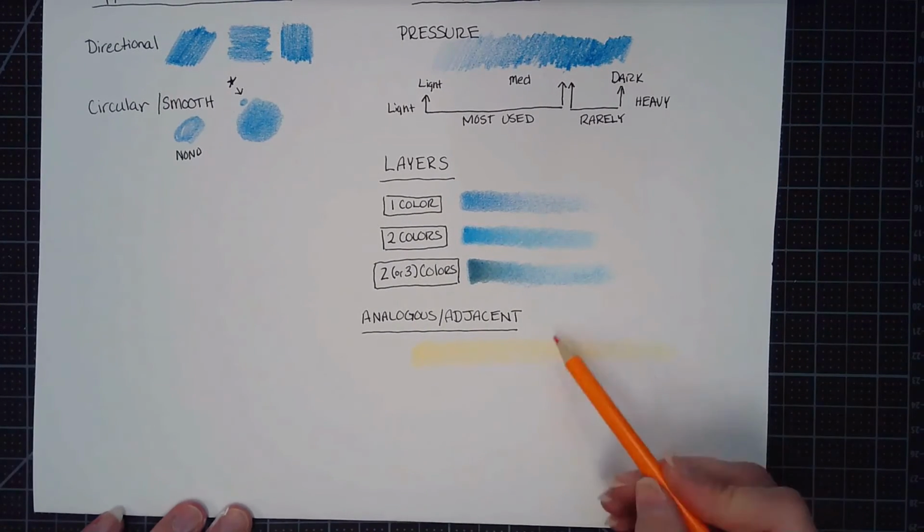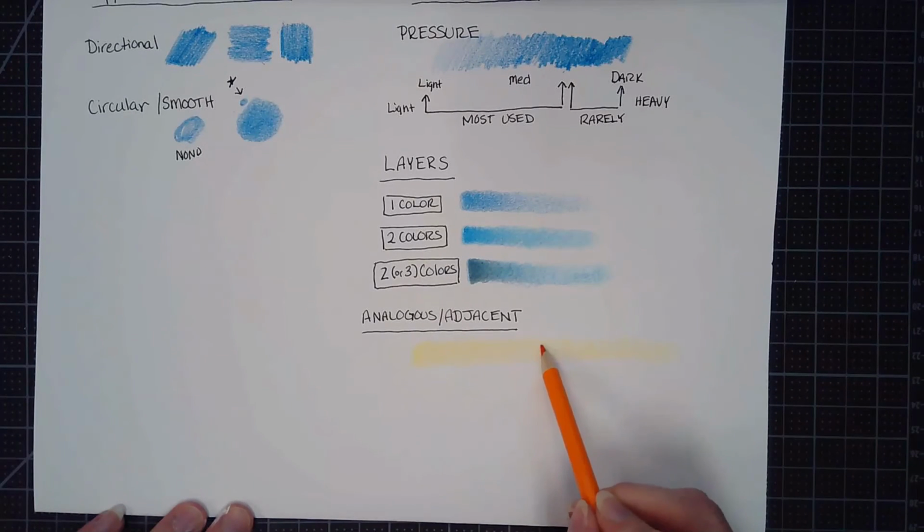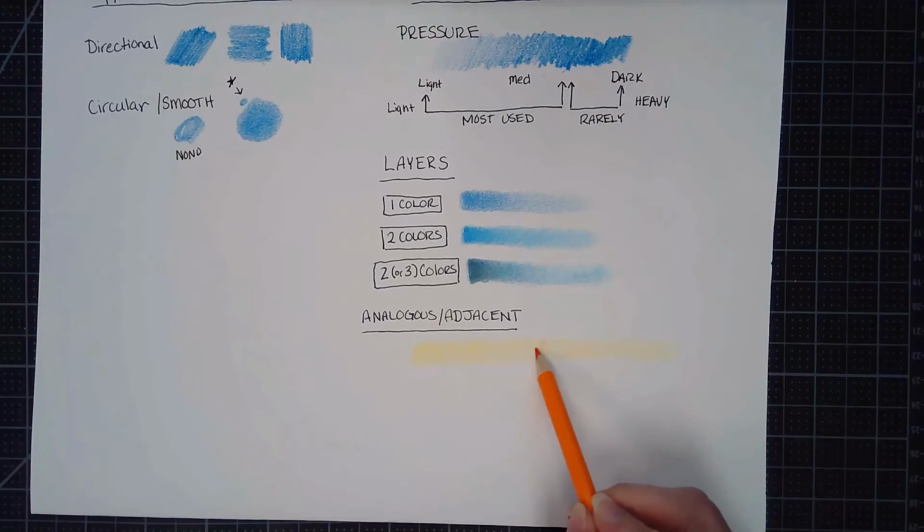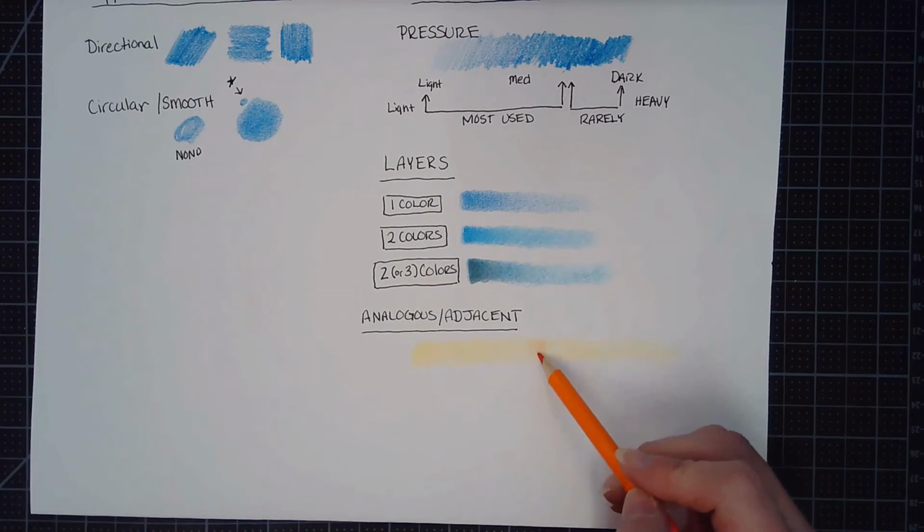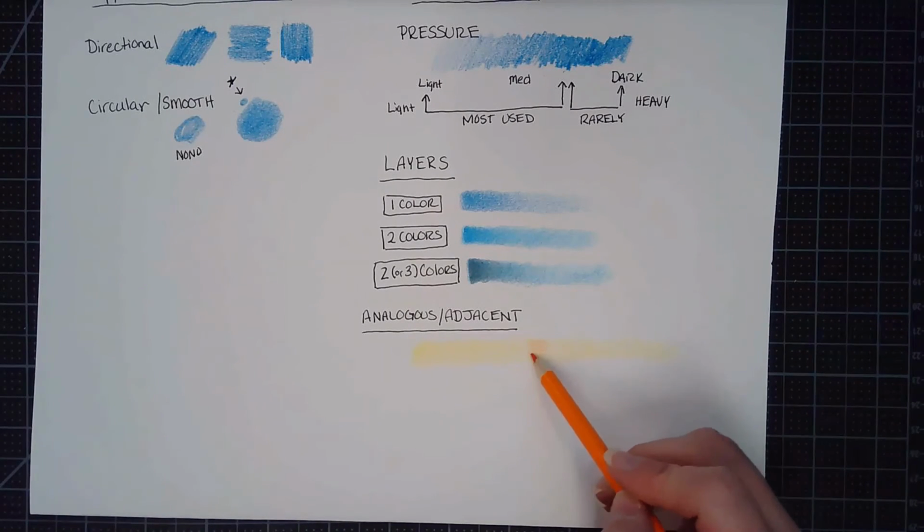And in the middle here, I'm going to use a little bit of a lighter pressure at first. I'm going to start applying some orange over top. Now, since I have that layer of yellow down there, just like when I had white down first, it is going to show up. It's going to be a little bit more noticeable with the little circular strokes you're making.